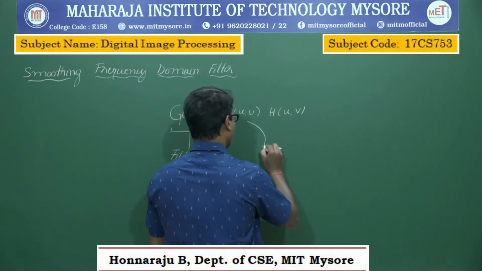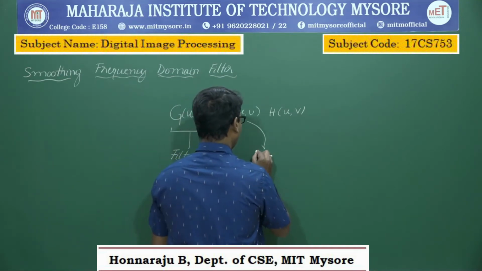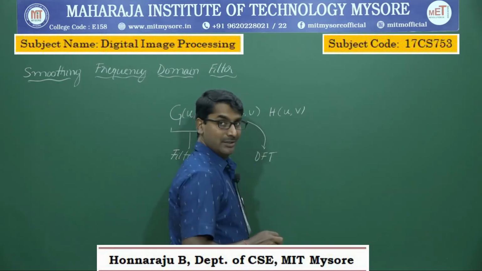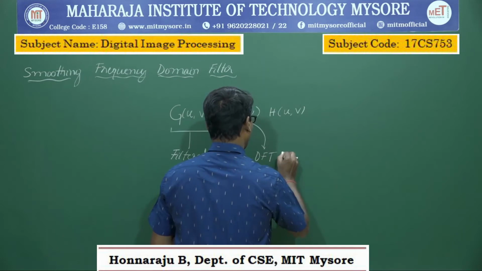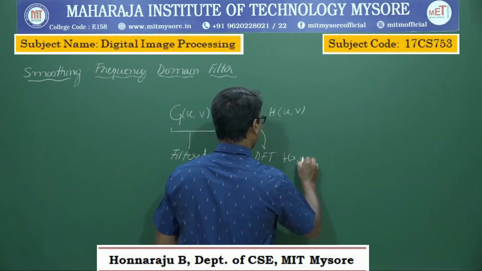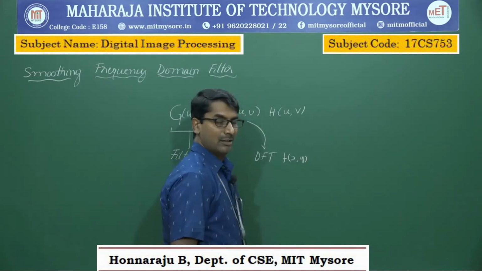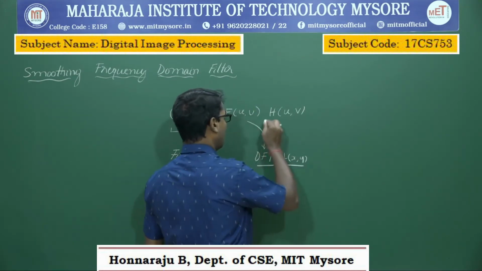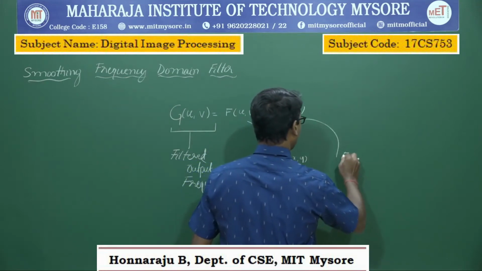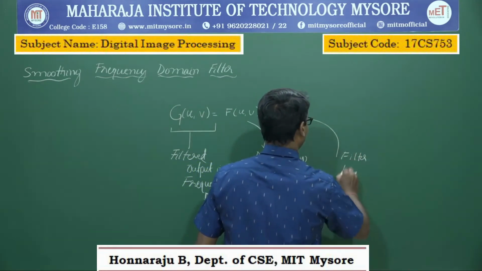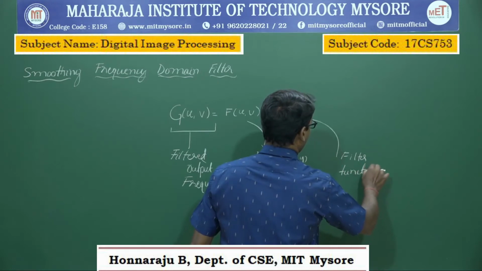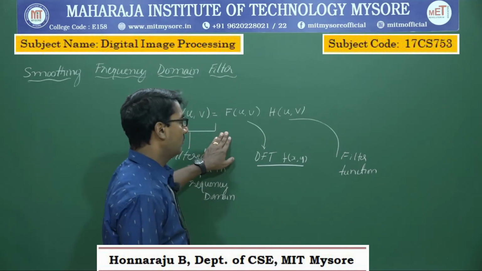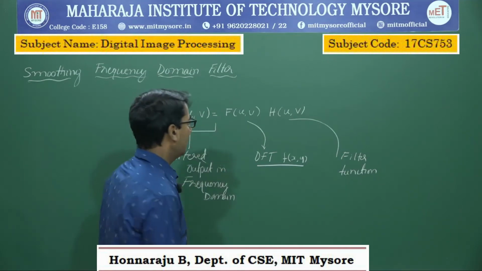F of u comma v is the discrete Fourier transformation, the DFT of f of x comma y. H of u comma v is the filter function. This is the general model of filtering in frequency domain.